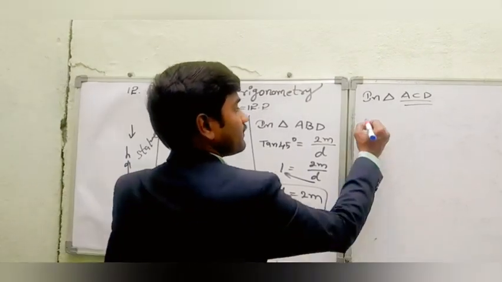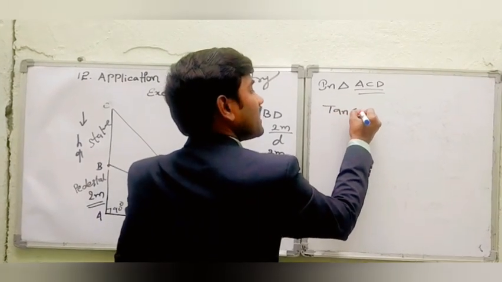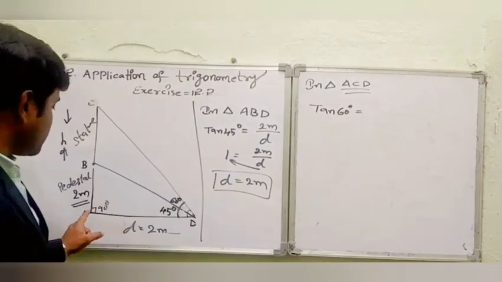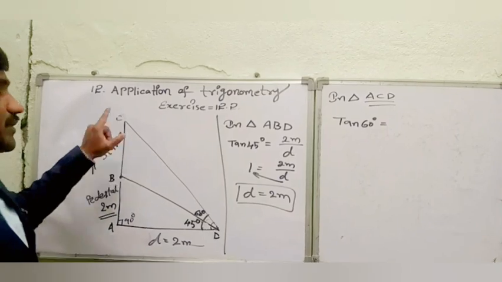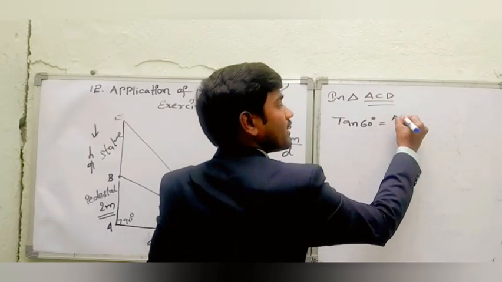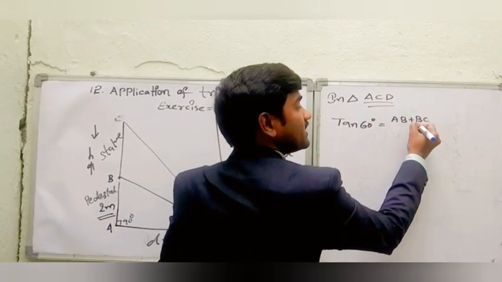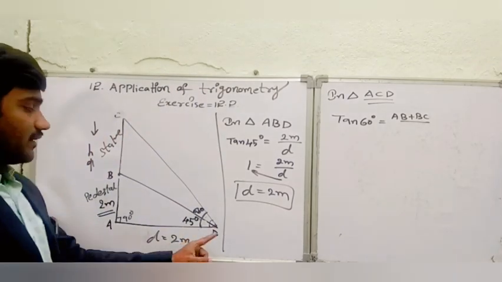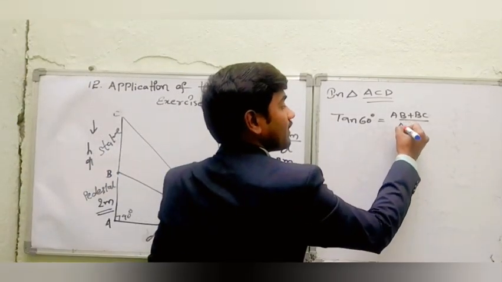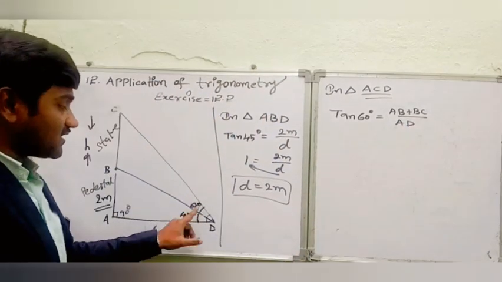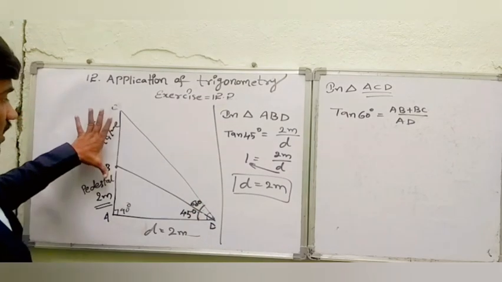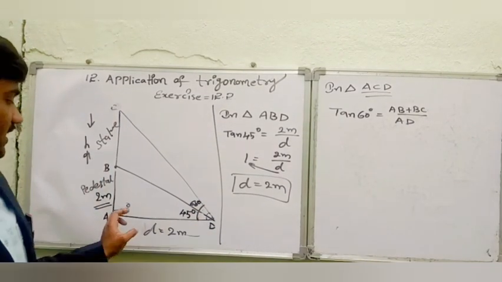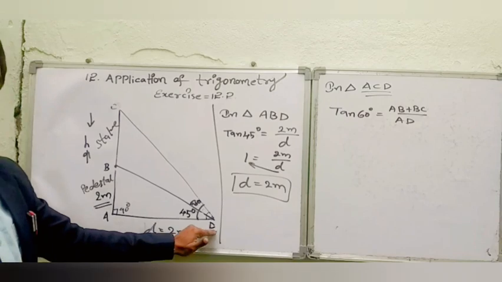Tan 60 degrees equals what actually? This AB plus BC by AD, the adjacent side. Tan 60 degrees is opposite side by adjacent side, AC by AD.